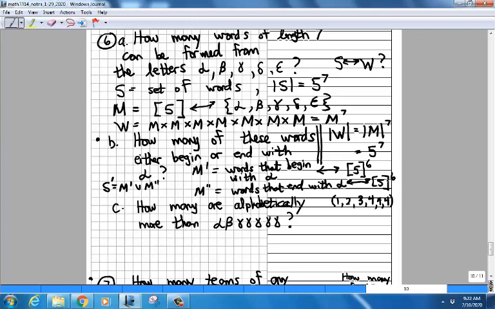Right, you're assuming alpha's in the last position, correct? So you only have to worry about naming the letters in the first 6 positions. So this would be alpha, beta, gamma, delta, delta, delta, and then the alpha gets attached automatically at the end, correct? All right, so we have a model for this set, we have a model for this one, and now we know the union of these two is this. Now, what I would like to say is what? Then the cardinality of S prime is how much here?